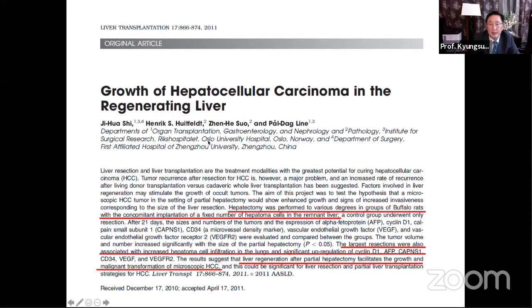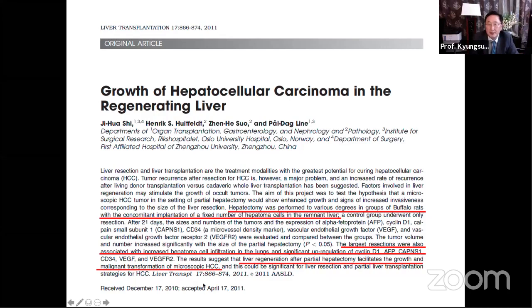In this animal study using rats, hepatectomy was performed to various degrees in groups of Buffalo rats with concomitant implantation of a fixed number of hepatoma cells in the remnant liver, and the largest resection was associated with increased hepatoma cell infiltration in the lungs and significant upregulation of cytokines such as VEGF.